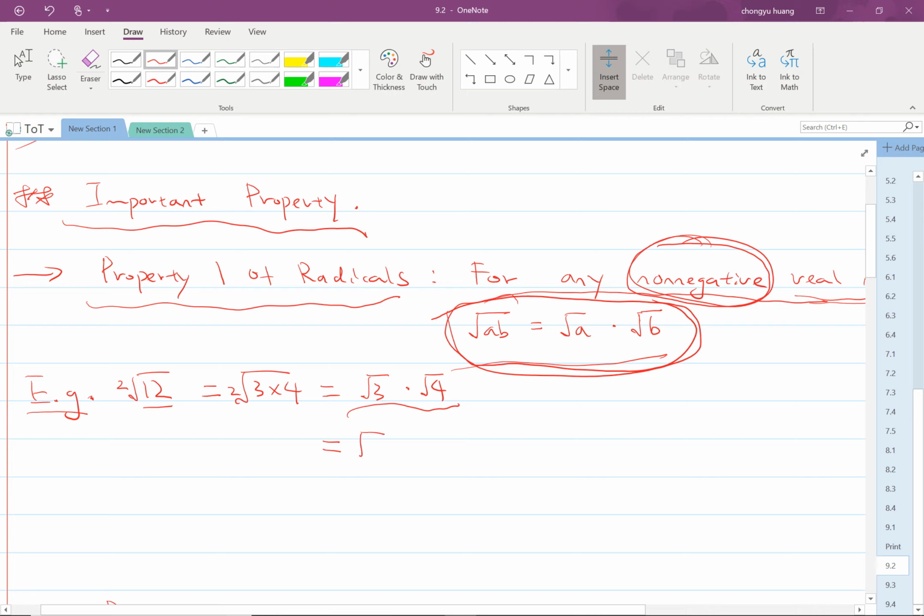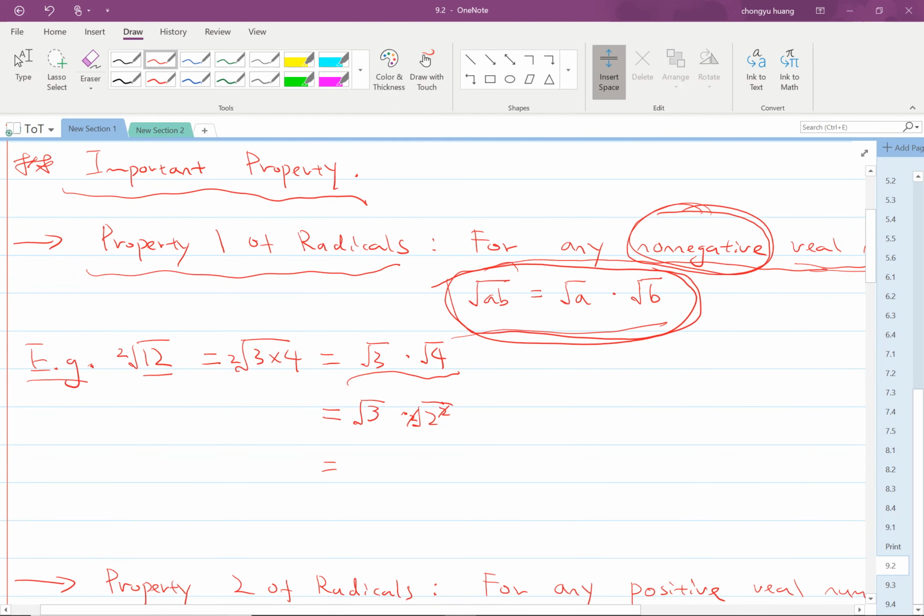We have a 3 over here, and you cannot make the integer 3 into something to the power of 2. But 4 is actually 2 to the power of 2, so the square and the square root cancel. Our final solution will be 2 times the square root of 3.